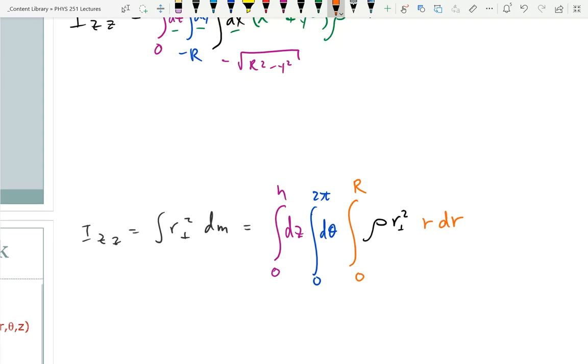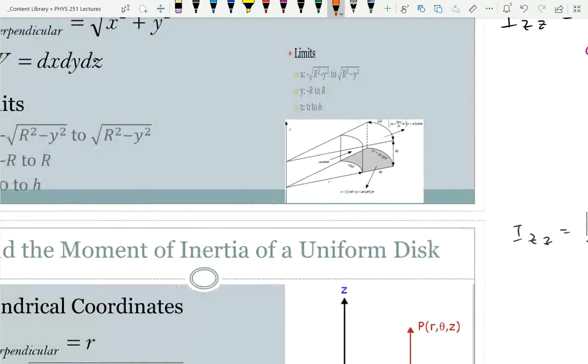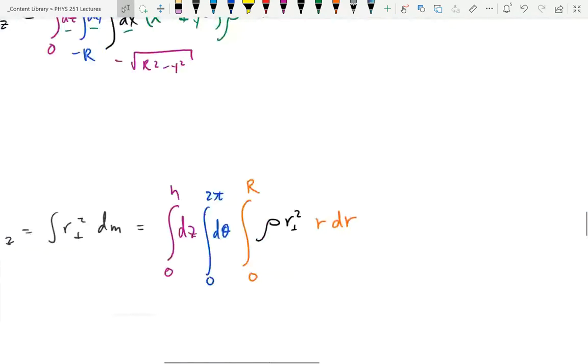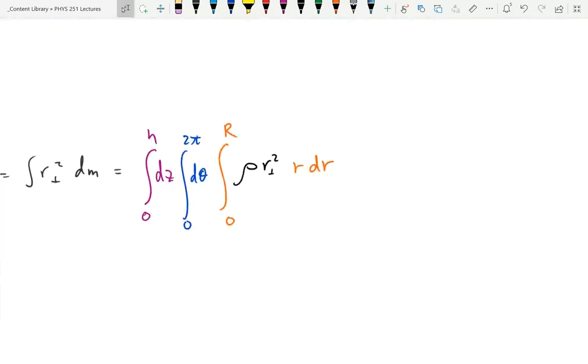Well, what you notice here is that r perpendicular was just r. I couldn't figure out how to type perpendicular, that's why I have the word perpendicular spelled out. This makes a lot more intuitive sense.